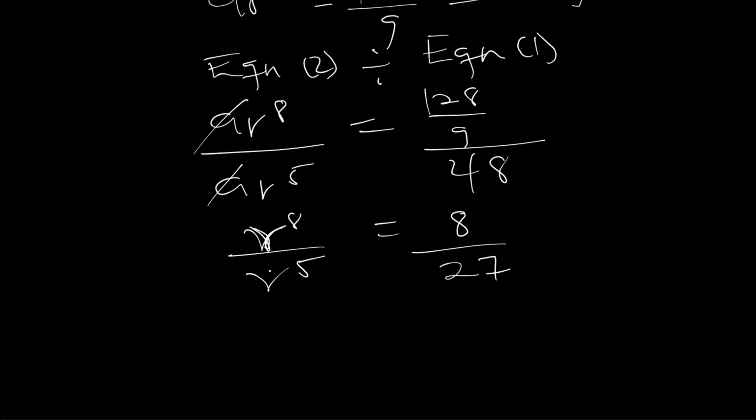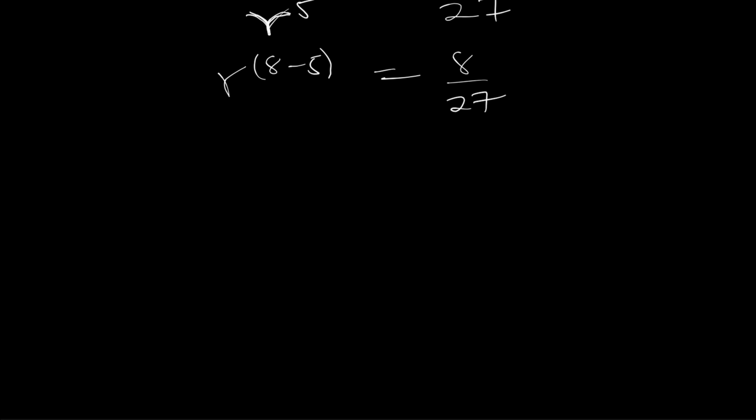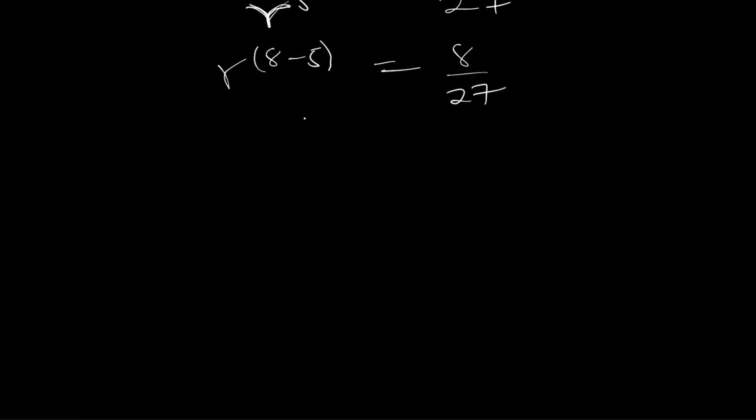Now in indices, we know that if we have similar bases and they are dividing, we subtract the exponents. So this would be R raised to the power 8 minus 5 is equal to 8 over 27. So R^3 is equal to 8 over 27. To find R, we take the cube root of both sides. Cube cancels cube roots.